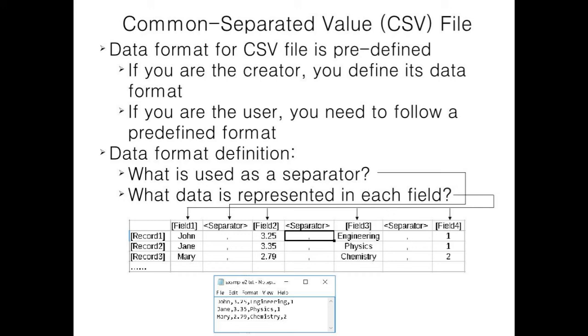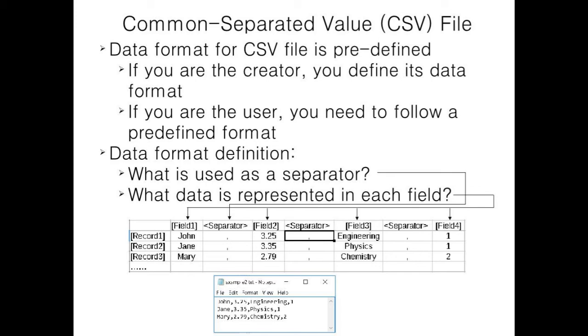All right, so there are two things you need to understand before using CSV file format. What is used as a separator? What data is represented in each field? In this example, we define comma as a separator. So each comma in the CSV file is separating a field. The first field in this example is representing the name. The second field is representing a number, which can be a score for the person.